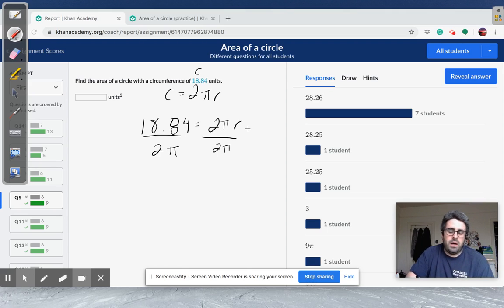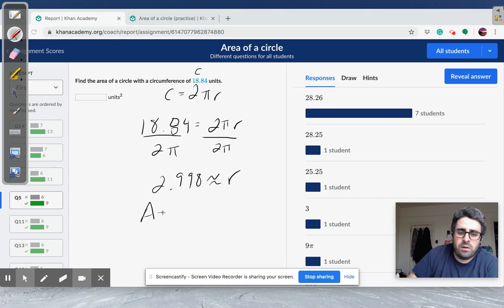So your radius is going to be 18.84 divided by 2 pi, so 18.84 divided by 2 times pi is about 2.998. It's about that. So now we're going to use this radius in the area formula. So we know the area formula is A equals pi r squared.